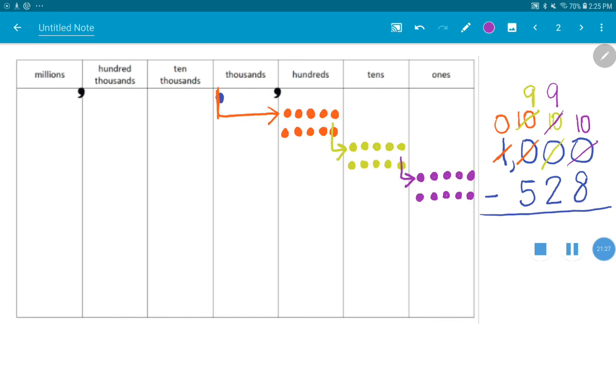So all this work we did to exchange our 1,000 unit that we had for hundreds, tens, and ones still equals the exact same value that we started with in the original problem. That's why we can exchange and trade our units out.